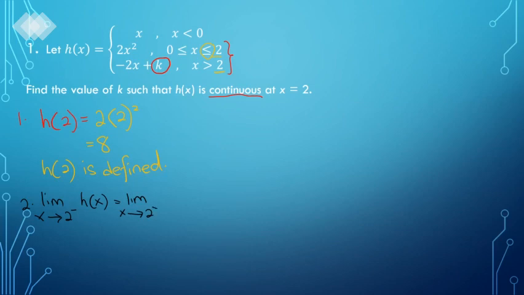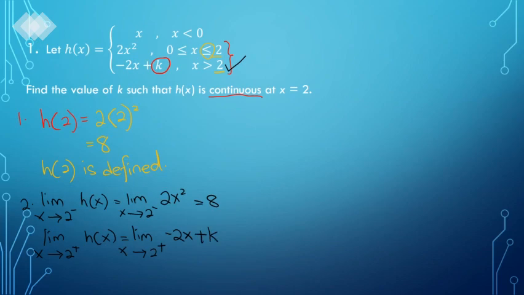So less than, you use 2x squared equals 8. Okay, and then limit as x approaches 2 from the positive side of h(x). So if you substitute, limit as x approaches 2 from the positive side, this area.